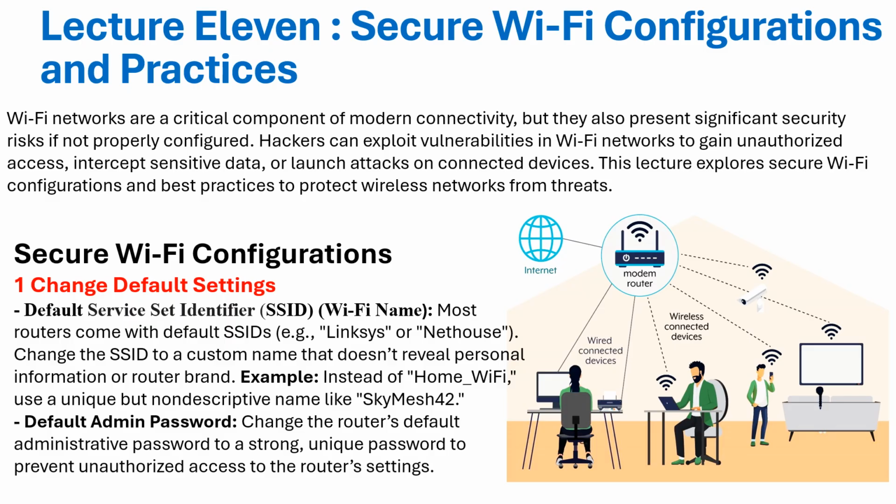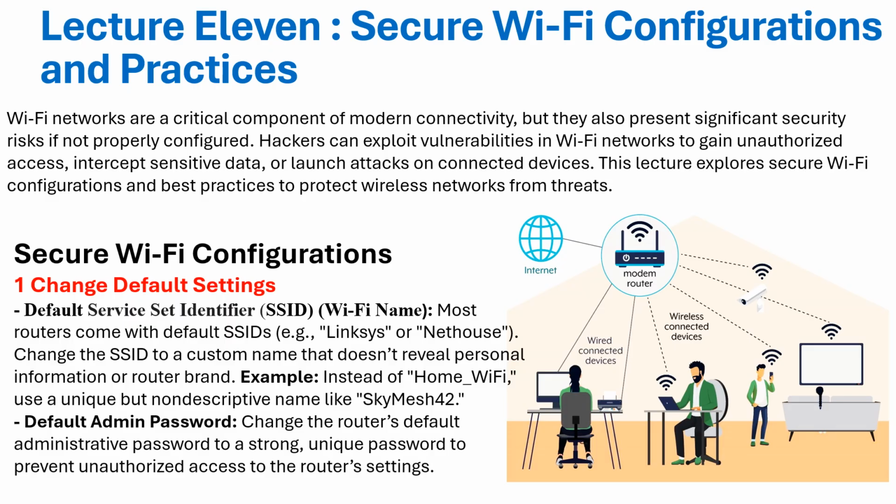We're going to start with the first one, where we can secure the Wi-Fi configuration by changing the default settings. This is a mistake that happens to many buyers when they buy Wi-Fi. They leave the default settings as they are.